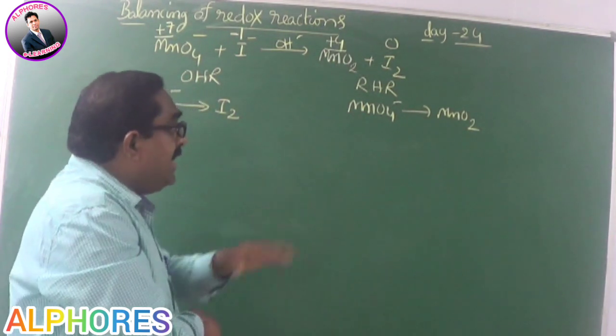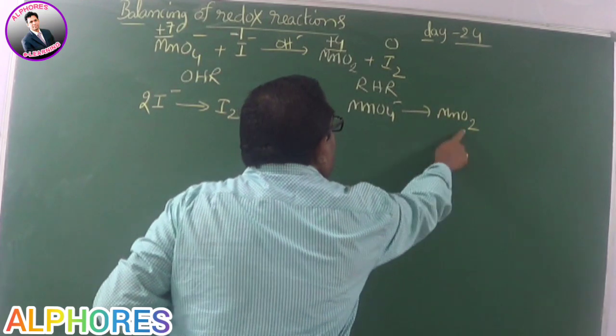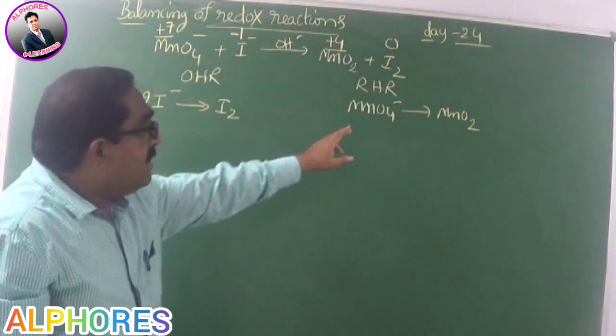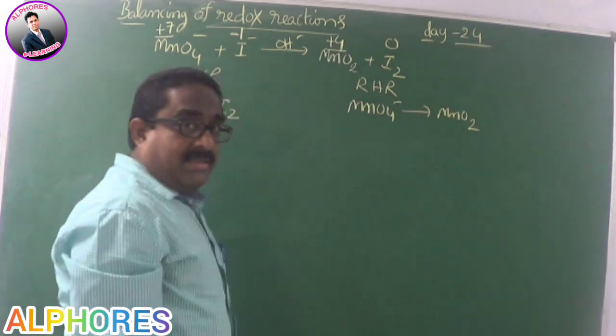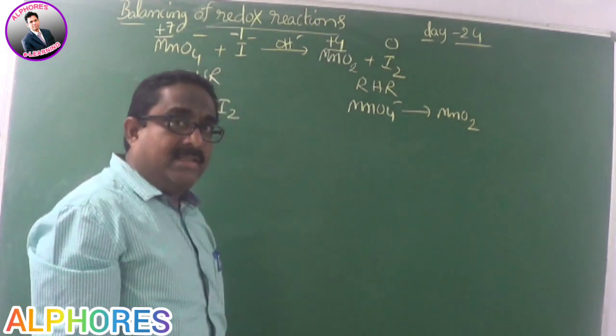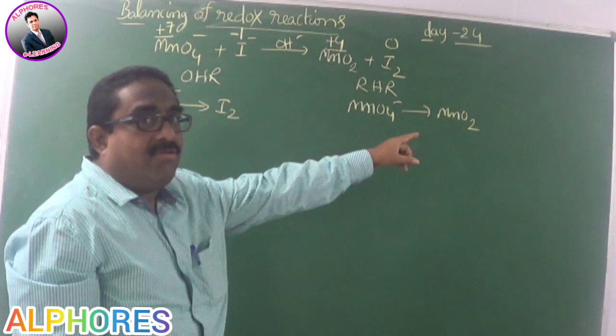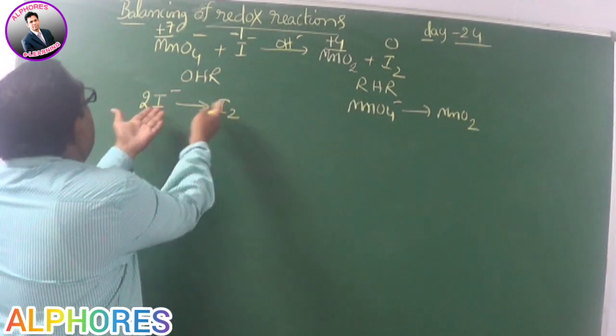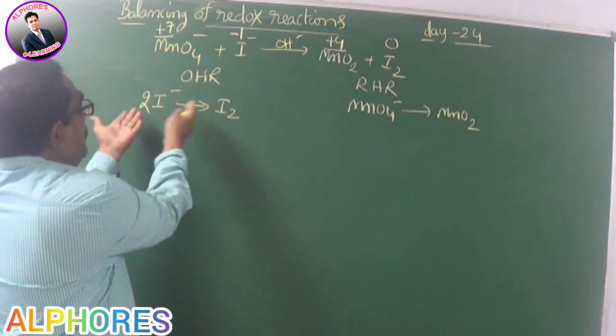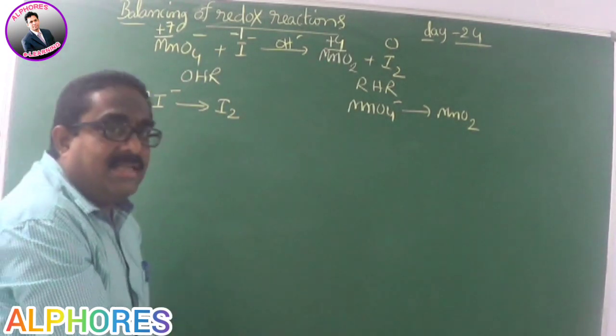Where exactly is it less? If you observe this equation, 4 oxygens are on the left side, 2 oxygens are on the right side. 2 are less on the right side, so you should add 2 H2O molecules on that. In the oxidation half reaction, there is no meaning of balancing oxygen because no oxygen is there. You can write it as it is.